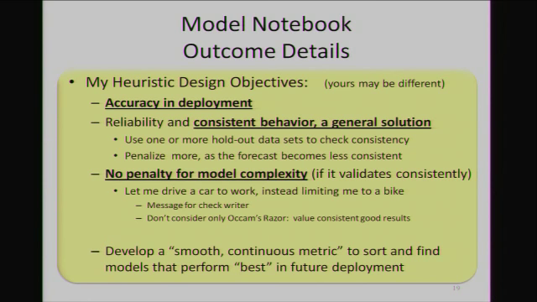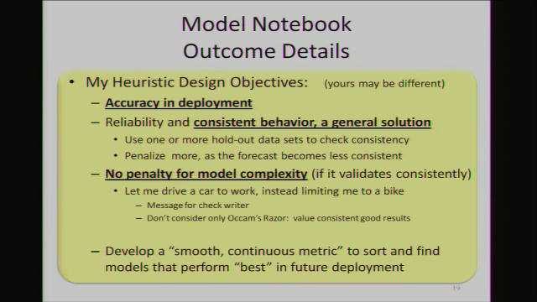And part of that message is, let me drive a car to work. Don't make me just ride a bike. I understand all the details of a bike, but not necessarily every issue of the design behind a car. So sometimes I have check writers, senior vice presidents that say, oh, you have to describe more, you have to describe more.